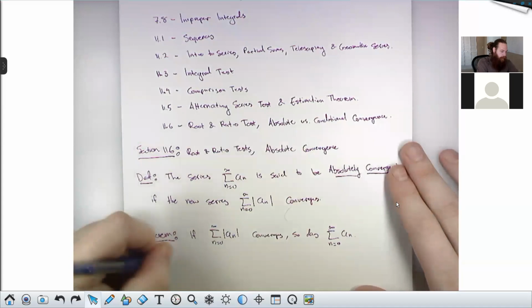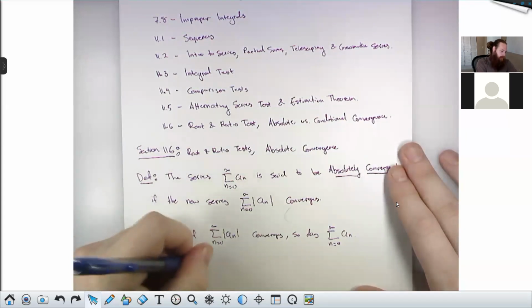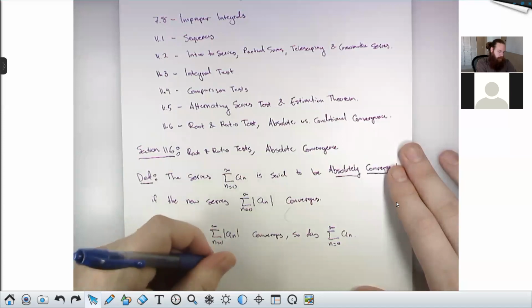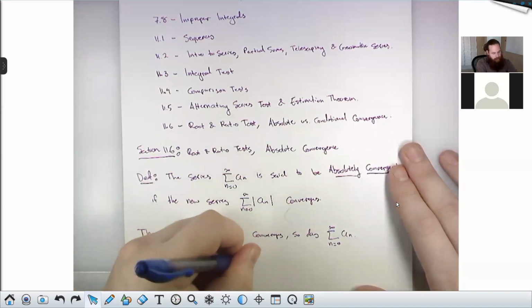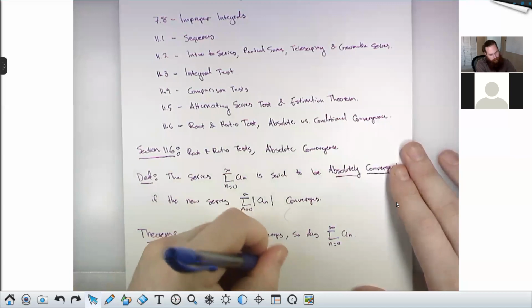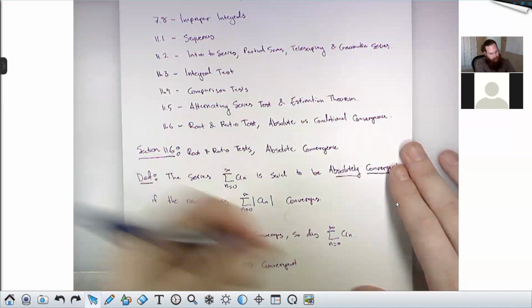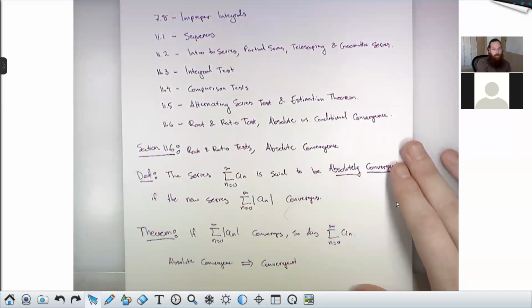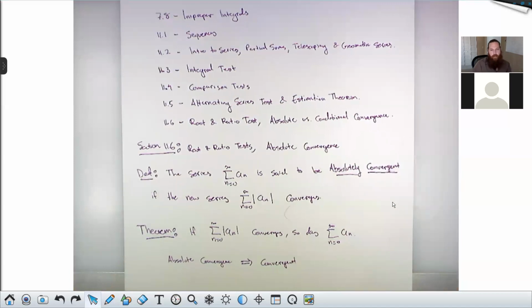In other words, absolute convergence implies convergence. If you converge absolutely, then you converge in the traditional sense as well.